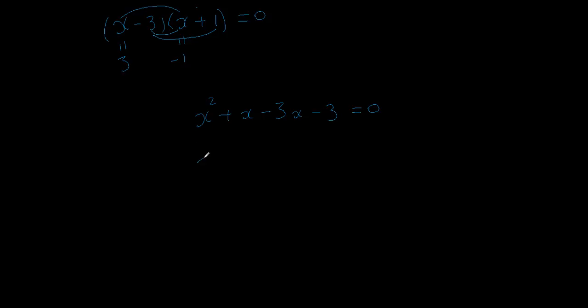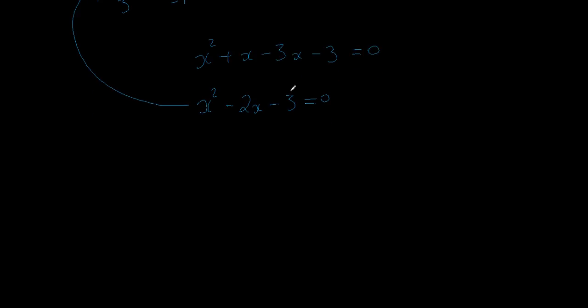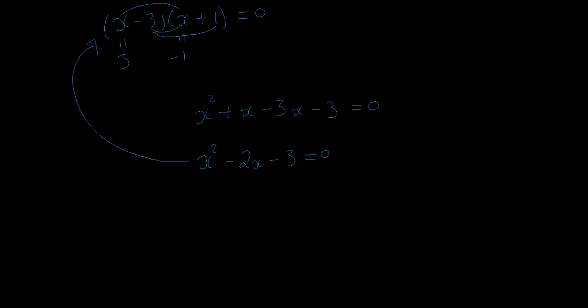Then you simplify, so you get x squared. Now x minus 3x is minus 2x, minus 3 is equal to 0. Now this is exactly the same equation as this one, so it has exactly the same solutions. But as you can see, you cannot see immediately what the values of x are for this.